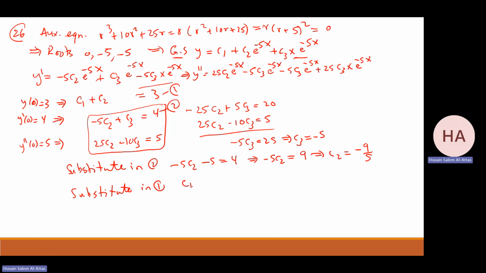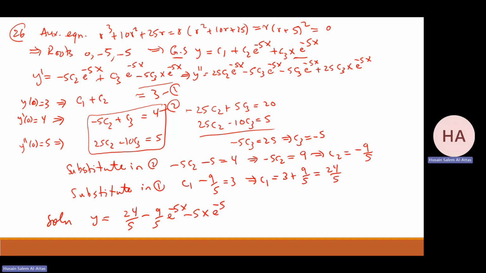I have C1 minus 9 over 5 equal to 3. So C1 will be 3, 3 is what? 15 over 5. So that's 24 over 5. My solution, y equals C1, 24 over 5, plus C2, which is minus 9 over 5, e^(-5x), minus 5x e^(-5x). That will be my answer.